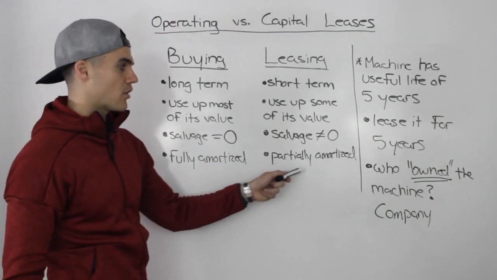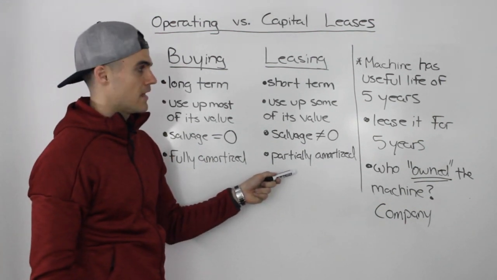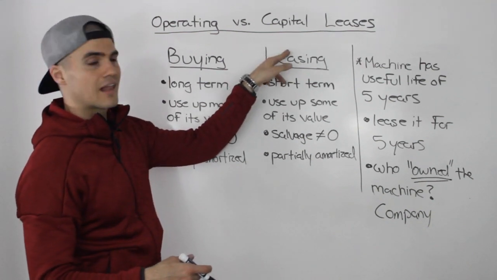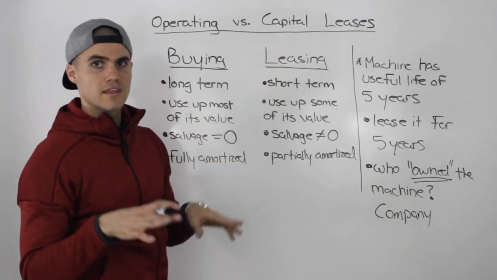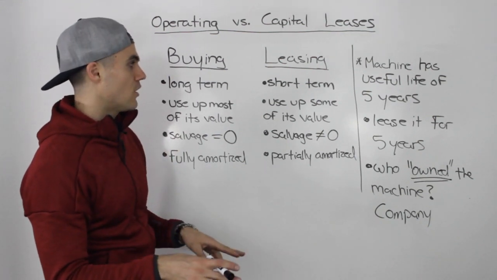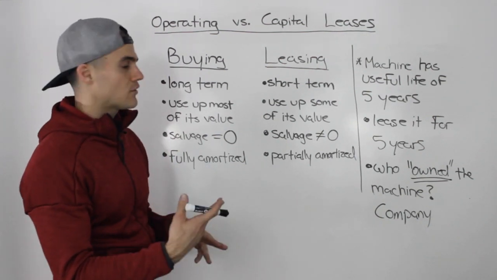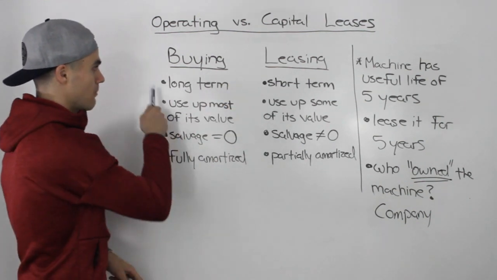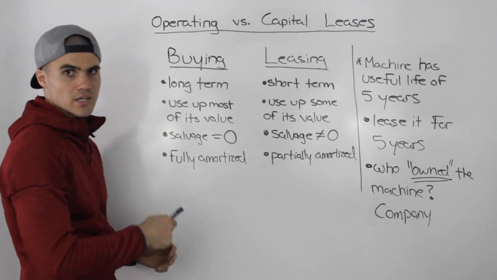It wasn't just partially amortized. And because this company was able to classify it as a lease, they were able to keep it off their balance sheet, even though the scenario didn't match any of the leasing implications. It actually matched all of the buying implications.